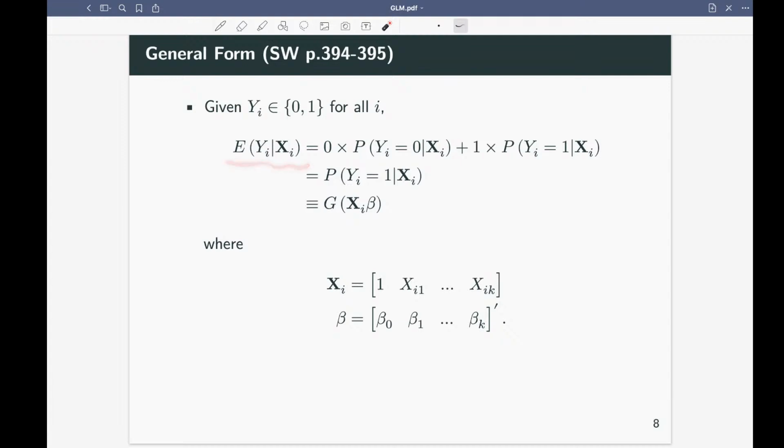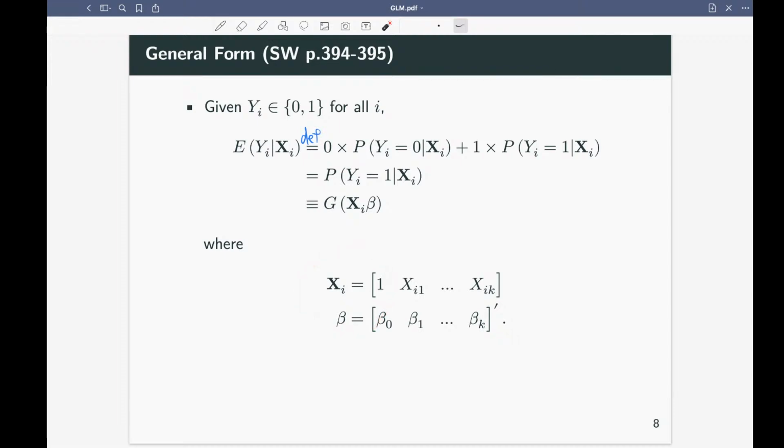By definition, you can find 0 times the probability of y equal to 0, plus 1 times the probability of y equal to 1. The first term is equal to 0, so we only have the probability of y equal to 1, and we define this term as capital G of x beta, and here we use a matrix form.